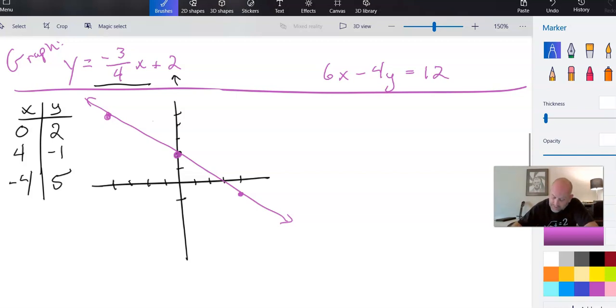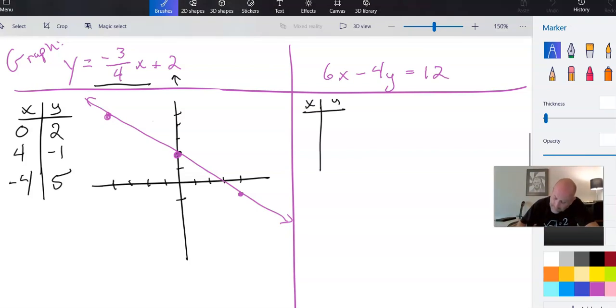Let's go ahead and take a look at the next one here. There we go. So let's start with the t-table. Let's do the same thing here. And again, it's in standard form. The first thing I'm going to do is plug in zeros. Right? It's just a lot easier that way.